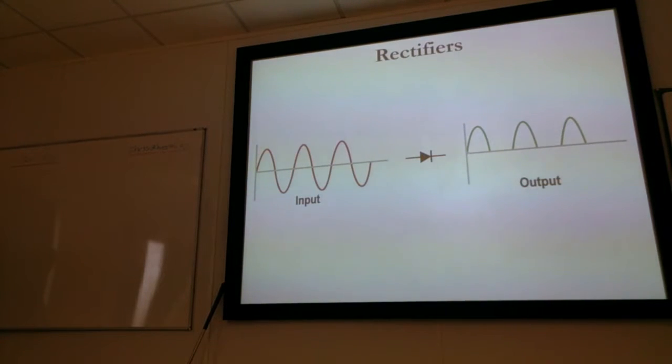So what you've done is you've actually rectified an AC current to a DC current through a single diode. It's a bit chunky, it's not a very smooth DC output, but it's an output. That would be a single phase half wave rectifier, just using a diode. So we could use that between a battery and a generator. Yes, you could. Yeah, it could be used in a protection device, yeah.